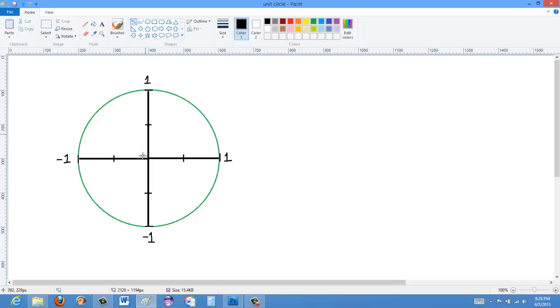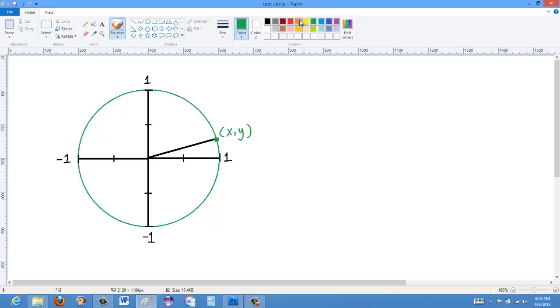So let's draw an angle, and we'll see what happens here. If I were to draw an angle, like this one here, and it were to touch the unit circle at this point here, we could recognize that this is supposed to have an x and a y coordinate.